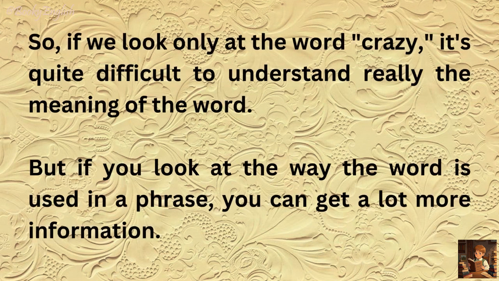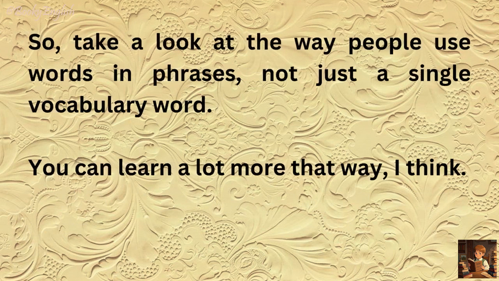So if we look only at the word crazy, it's quite difficult to understand really the meaning of the word. But if you look at the way the word is used in a phrase, you can get a lot more information. So take a look at the way people use words in phrases, not just a single vocabulary word. You can learn a lot more that way, I think.